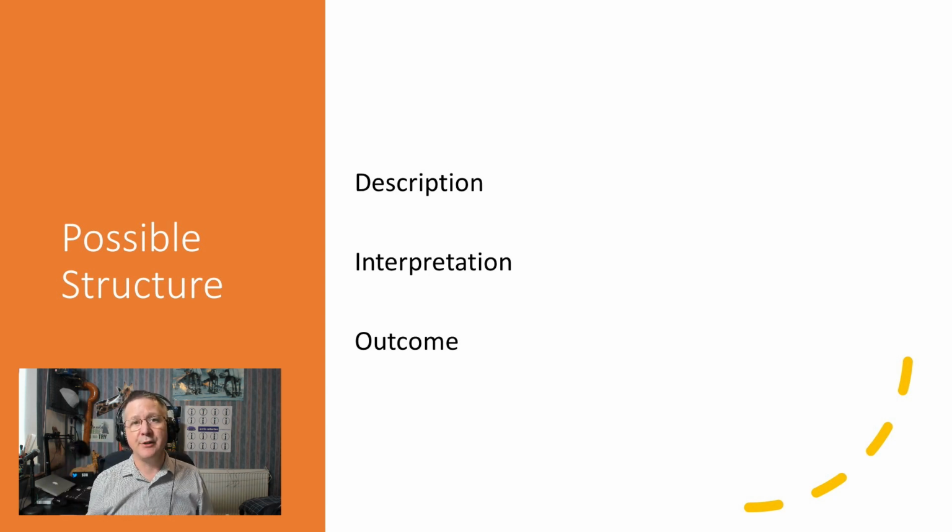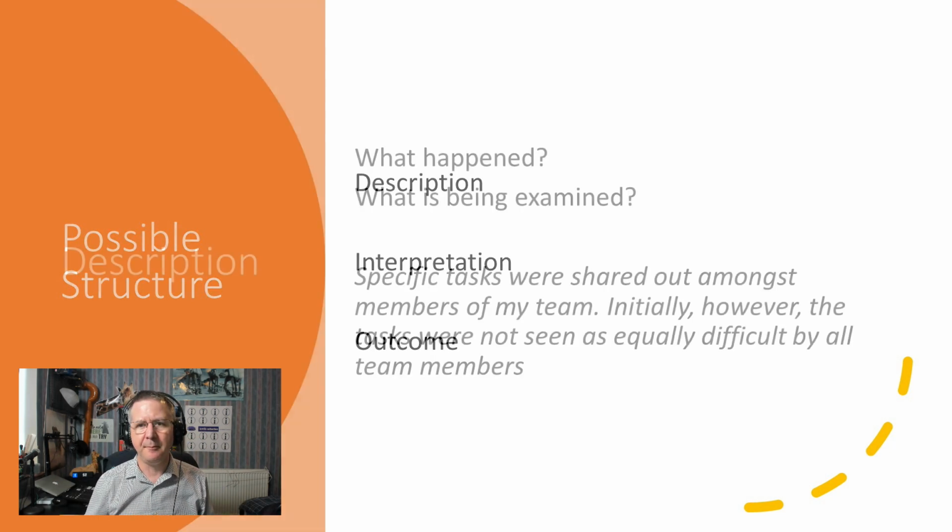Now what you're going to do is think about themes that you want to cover. And within each theme, you're going to talk about the description, the interpretation, and then the outcome. Okay, so this isn't the format of the whole assignment. This is the structure within each theme that you want to go with.